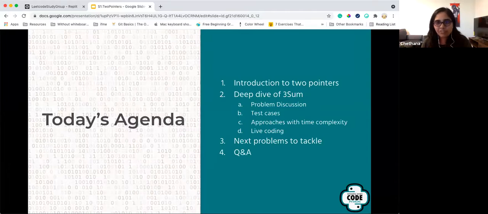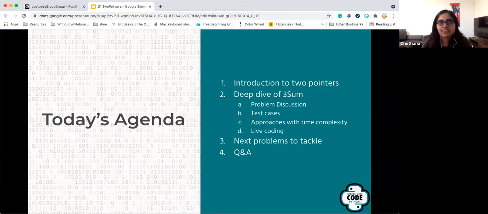We're going to go over 3Sum, talk about what this problem is, look at some possible test cases, and then try to tackle it based on what the best approach is for time complexity. We're going to code out the solution together, and we'll also discuss some next problems to tackle.